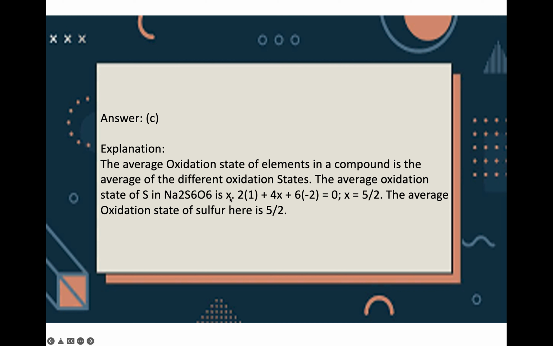Since we are finding out X, sulfur, you put 4 into X. So what you get from here is 2X plus 4X plus minus 12 is equal to 0. When you solve this equation for X, you get X is equal to 5 by 2. I think you know how to solve the equation: 2X plus 4X is 6X is equal to 12.